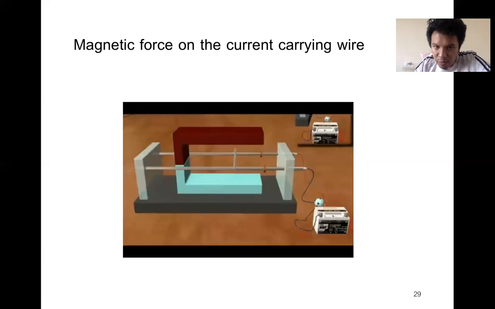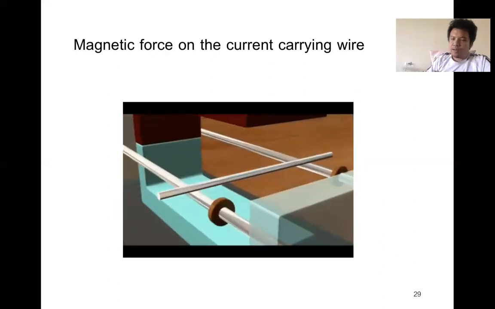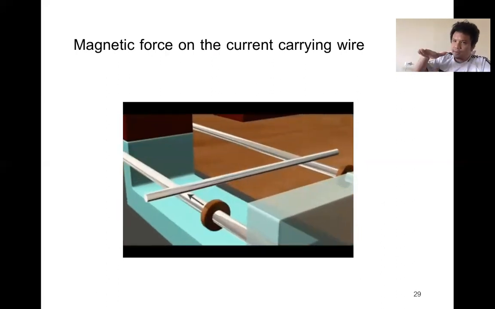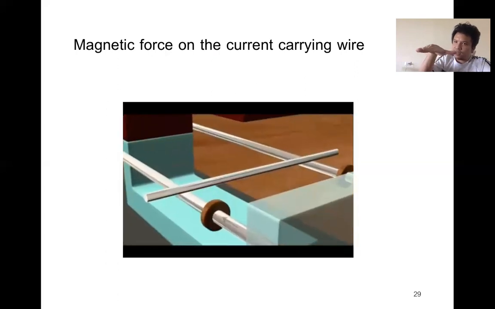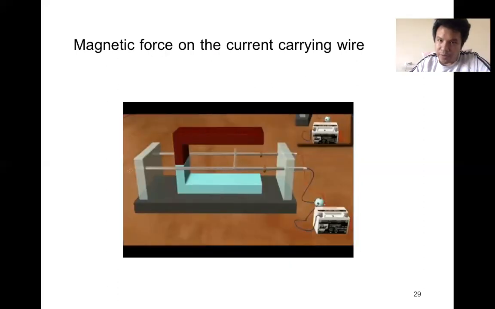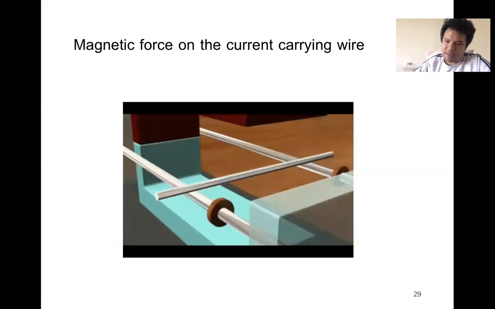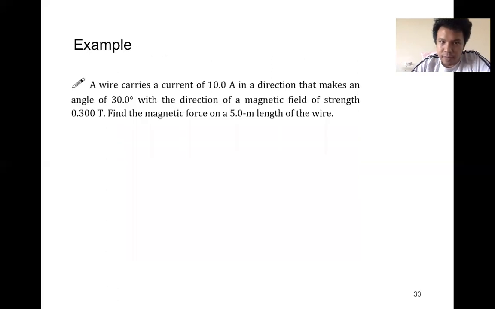With the magnetic field in the downward direction, you use the right hand rule, pointing your fingers in the same direction as the current, and then you can see that there's a force dragging the current bar to the left hand side.